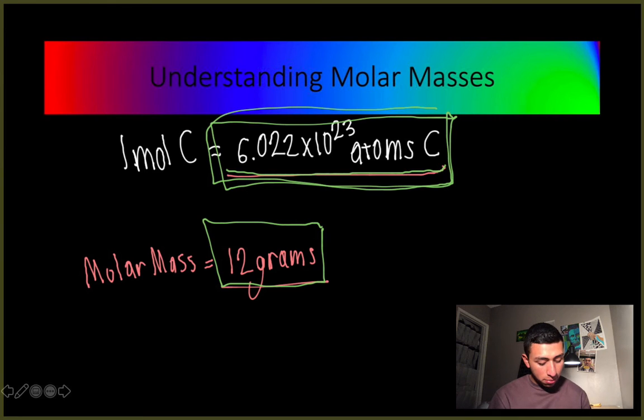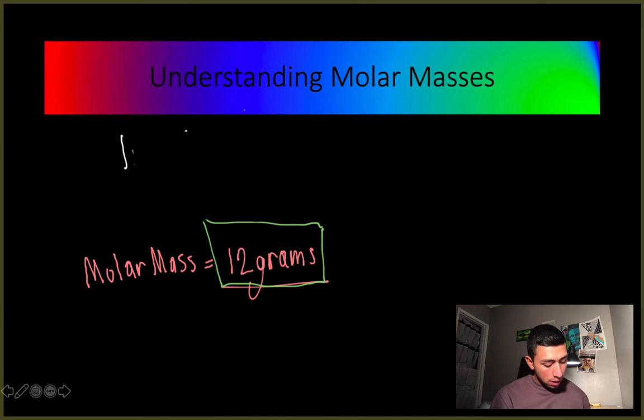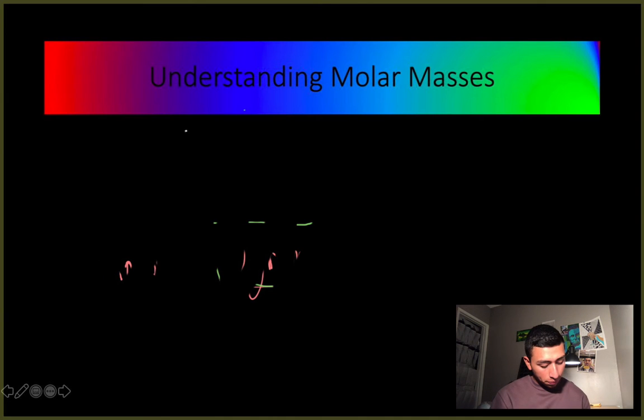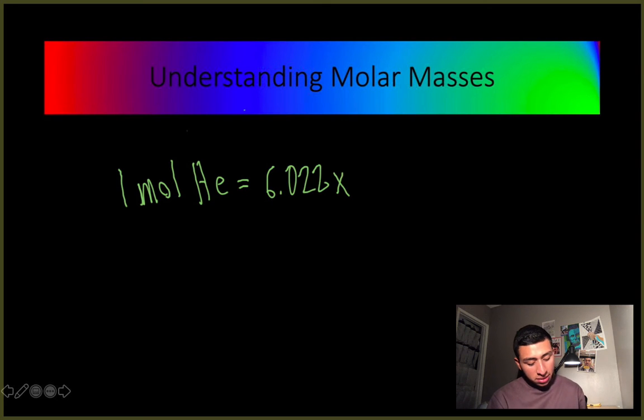Let me give you another example. So let me get rid of this. If I had 1 mole of helium, I would have 6.022 times 10 to the power of 23 atoms of helium, right?